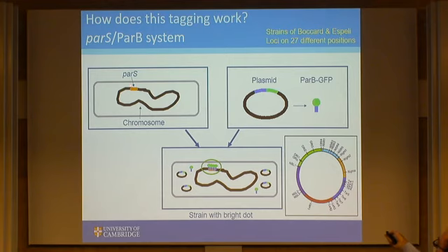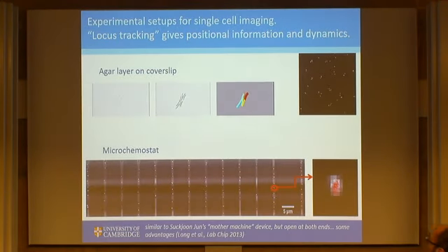And we actually have 27 of these strains where the PARS in each one has been inserted in a different place, and we know which is which. So then, when we look in the fluorescence microscope, we're shining blue light, we gather green light from the GFP, and each bacterium either has one dot if that gene hasn't been replicated yet, or it can have 2 dots if it's being copied.